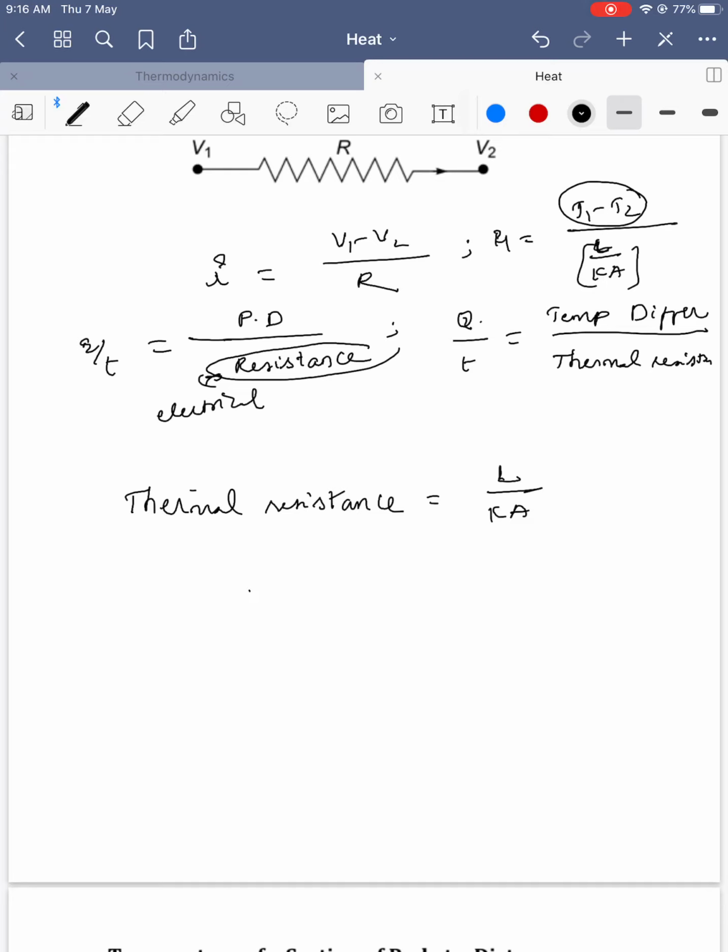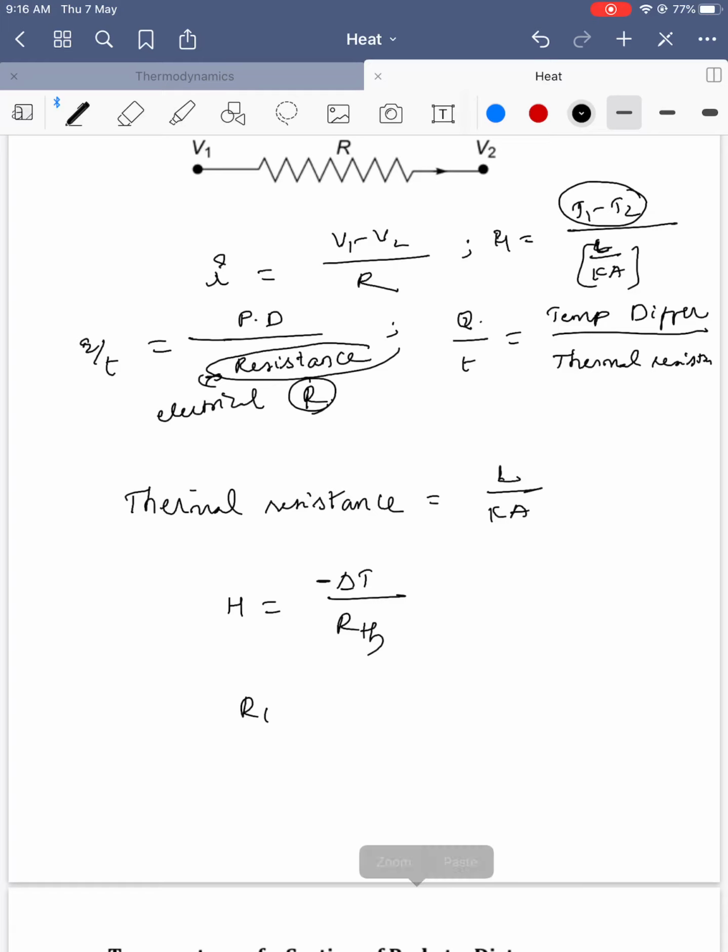If you write the heat transfer rate, H is equal to minus delta T by R thermal resistance. R_th means resistance in thermal, while just R represents electrical resistance.